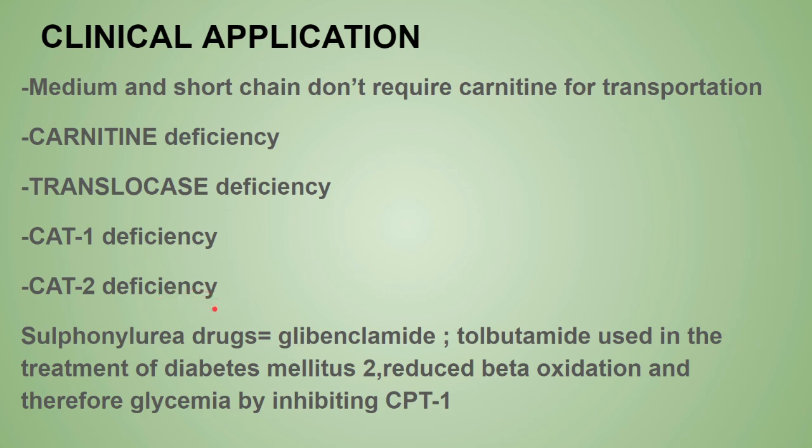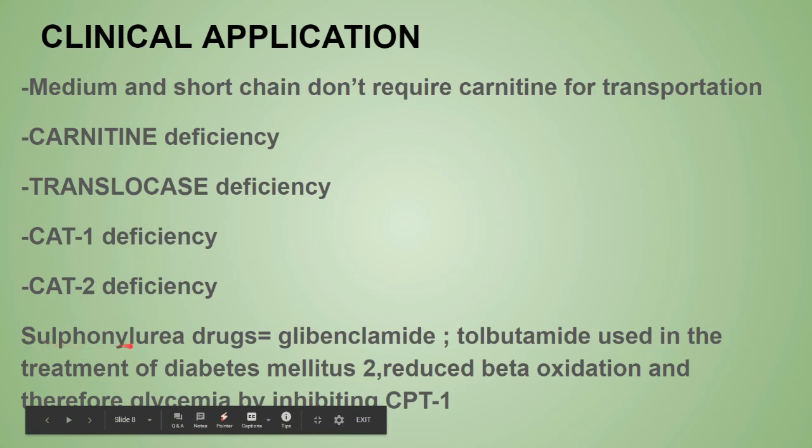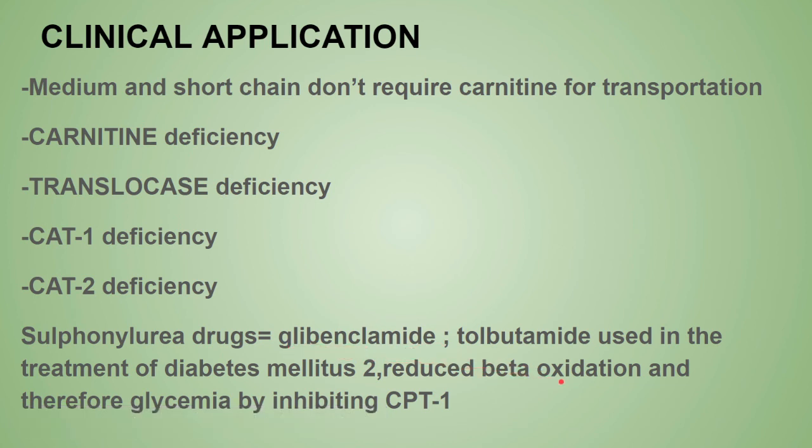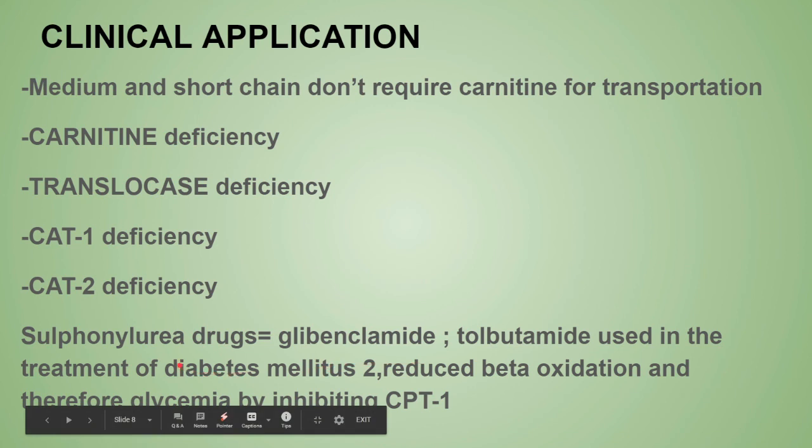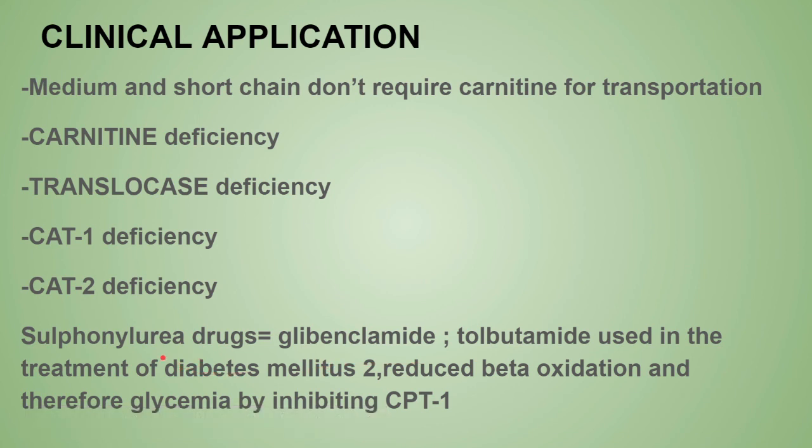Now the sulfonylurea drugs. These are the 2 sulfonylurea drugs, glibenclamide and tolbutamide. These 2 drugs are mainly used in the treatment of diabetes mellitus 2. Just remember, diabetes mellitus 2 occurs due to the deficiency of the glucose transporter GLUT4.